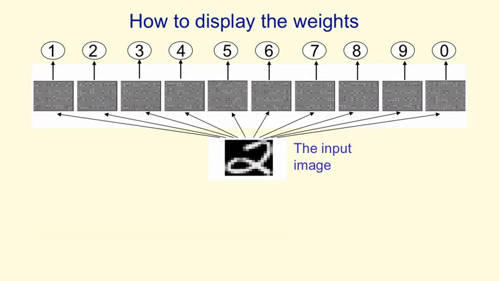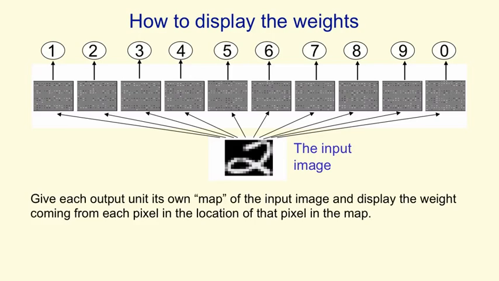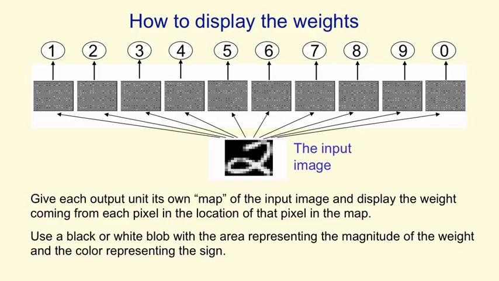So the idea is for each output unit, we make a little map, and in that map, we show the strength of the connection coming from each input pixel in the location of that input pixel. And we show the strengths of the connections by using black and white blobs, whose area represents the magnitude, and whose colour represents the sign. So the initial weights that you see there are just small random weights.